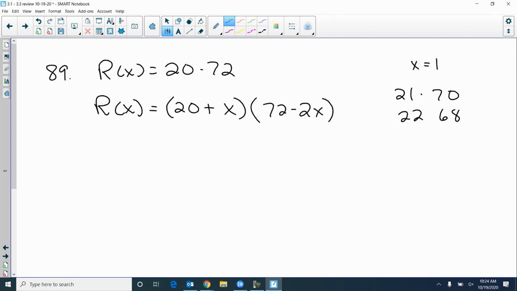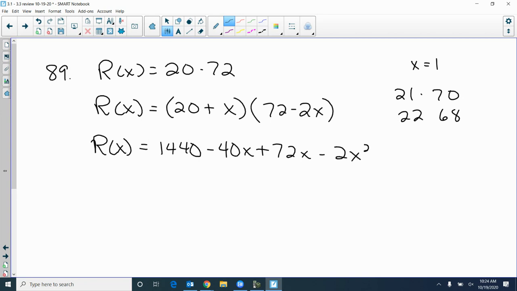All right, now, when we did this earlier, we're going to FOIL this together and see what type of equation we get. So go ahead and FOIL that. So R of X equals 1440 minus 40X plus 72X minus 2X squared.